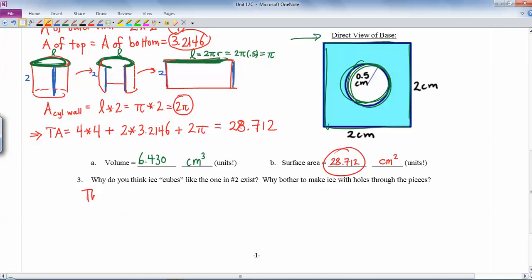So the cube, or I'll put cube like this because it's not a solid cube.